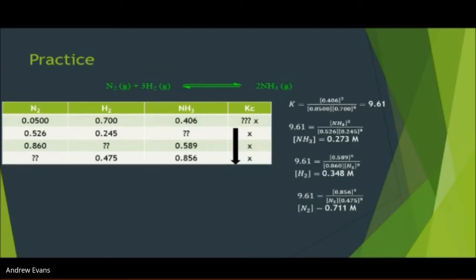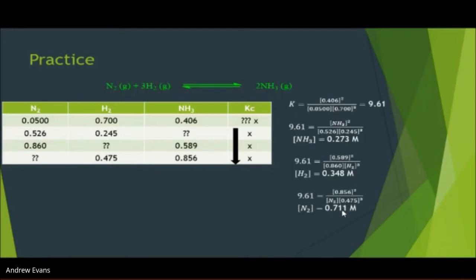I can easily fix this. The 9.61 was off by a factor of 10 from 0.961.